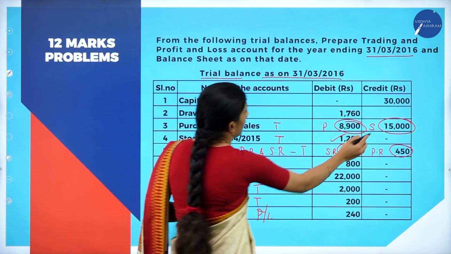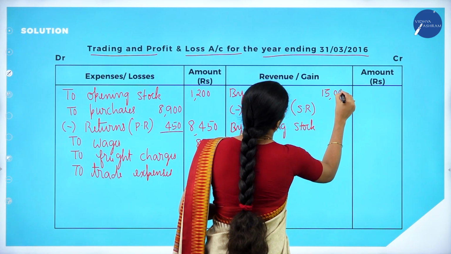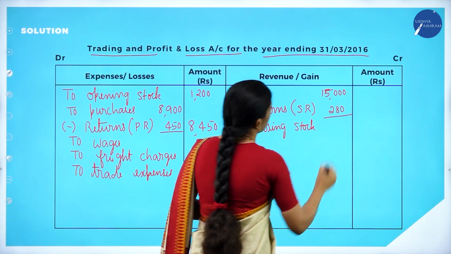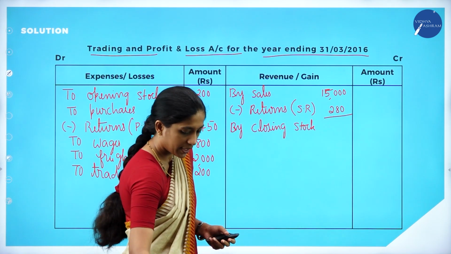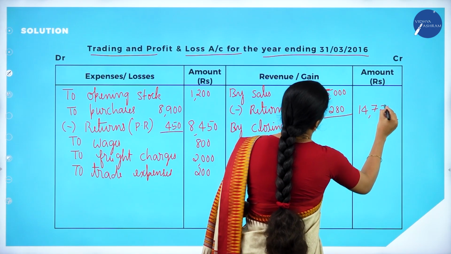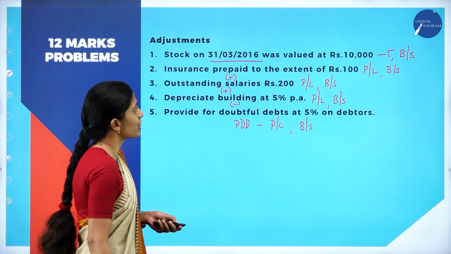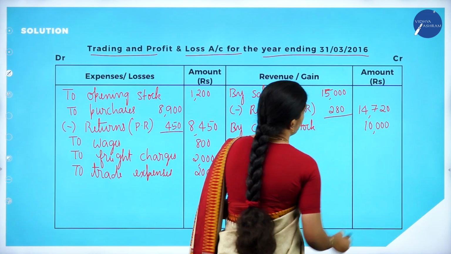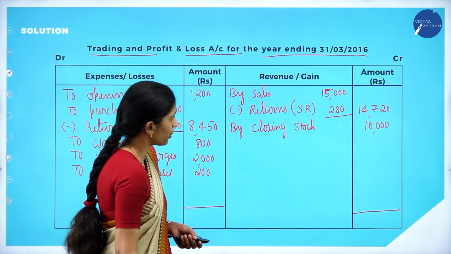So sales 15,000 minus 280. 15,000 minus 280, so we'll get 14,720. Next we have closing stock. Closing stock is given in the adjustment, that is 10,000.